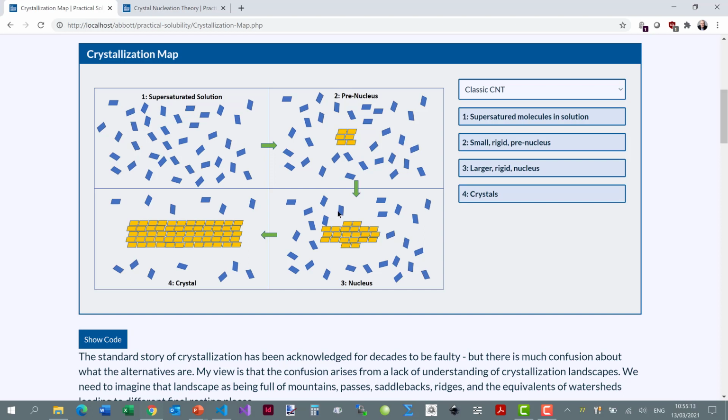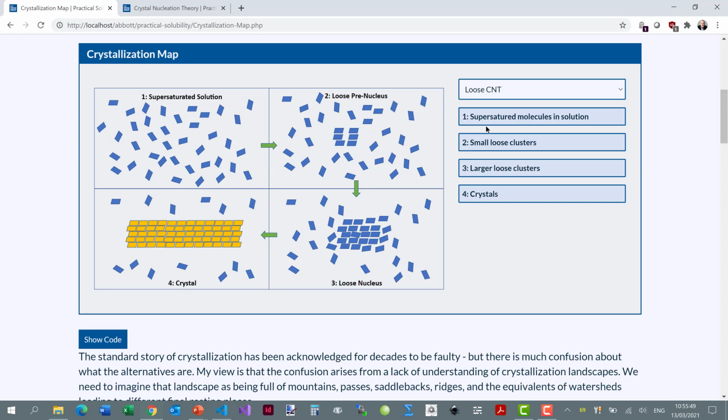And then one by one, the solute molecules come on and make a bigger nucleus, and once the nucleus is formed, then it just crystallizes by some form of magic. It's actually true that some solutes do crystallize like this. As far as I can understand, sodium chloride, when it crystallizes, does follow this path. It's very, very rapid. But in most cases, it simply does not explain what's going on.